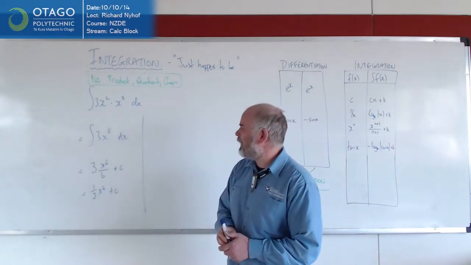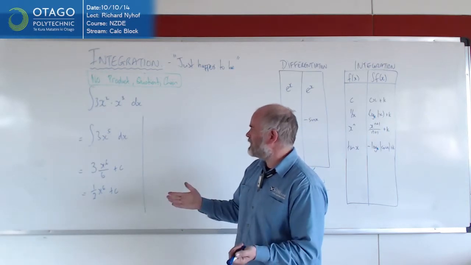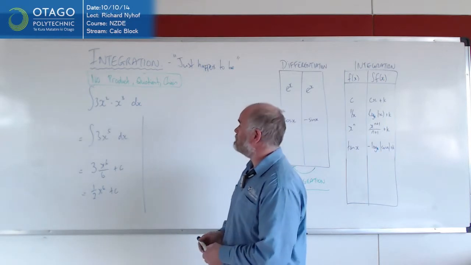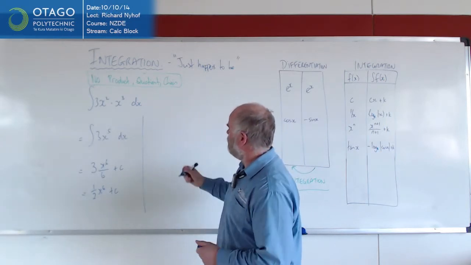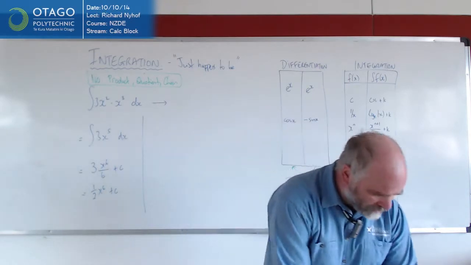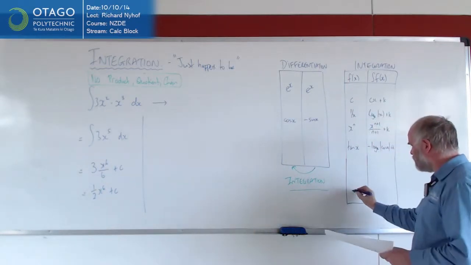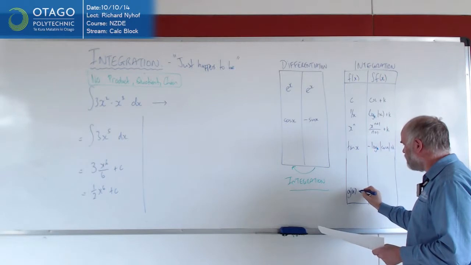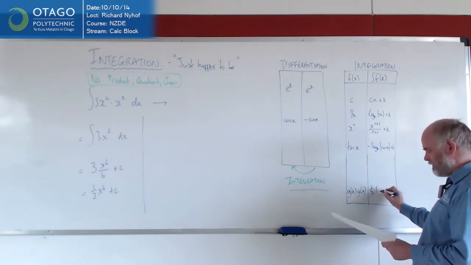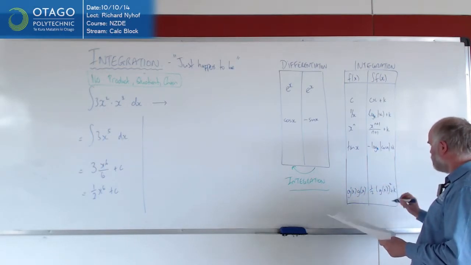Okay, so that's one way of doing it. And that works nicely. And in this case, that was good because it's a very simple multiplication. You can do it nice and easily, but it won't always be the case. The other way of doing it is on your formula sheet. You will have noticed that right down the bottom of the formula sheet, there's a case where it says g dash of x, g of x, and it tells us the answer is a half g of x squared plus k.